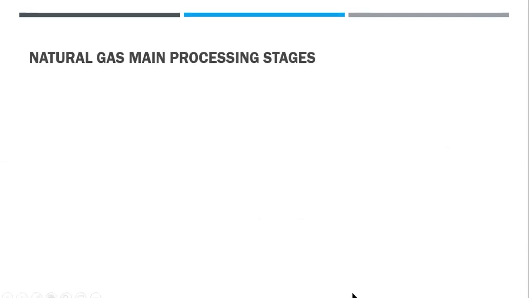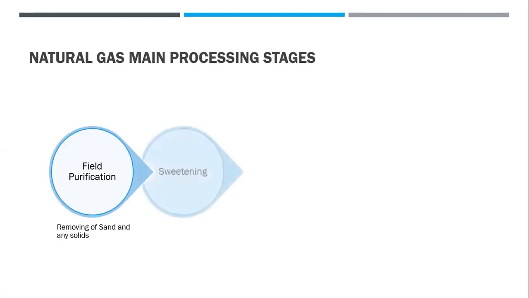Natural gas main processing stages. As we know, when natural gas is extracted from the field, it is purified to remove sands and any solids. Then the sweetening stage removes impurities from the natural gas like hydrogen sulfide and CO2.